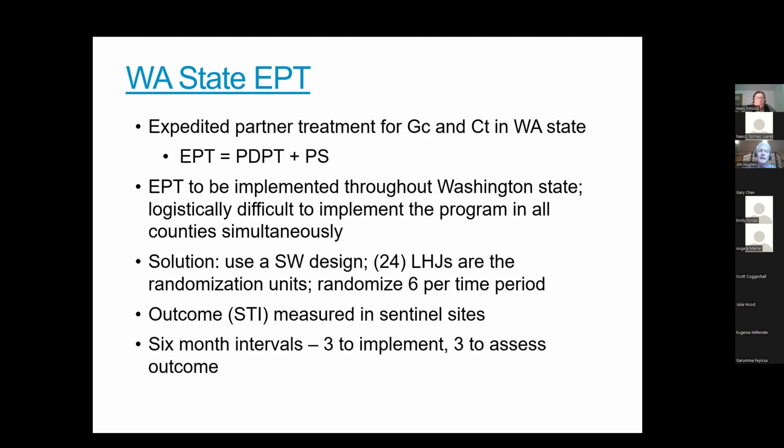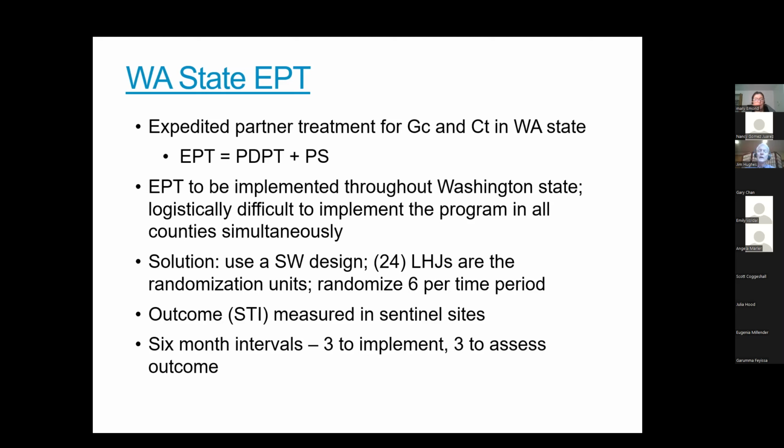Expedited partner treatment has 2 pieces. One is patient-delivered partner therapy. So standard of care prior to this would be if a person comes into a clinic or a doctor and tests positive for gonorrhea or chlamydia, they would be treated, and then they would be asked to refer their partners in for treatment. As you can imagine, that message doesn't always get through.